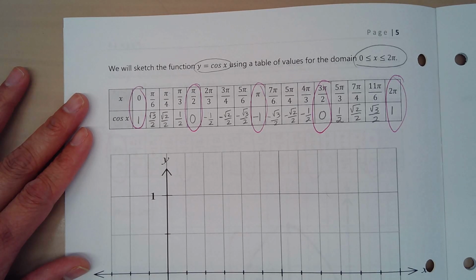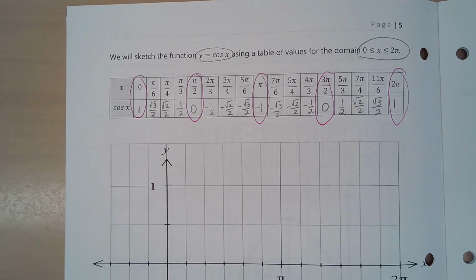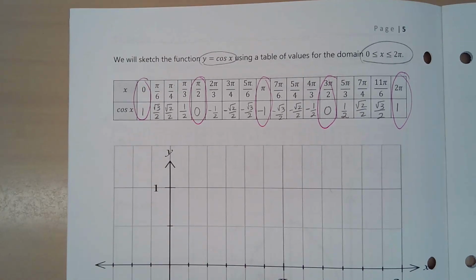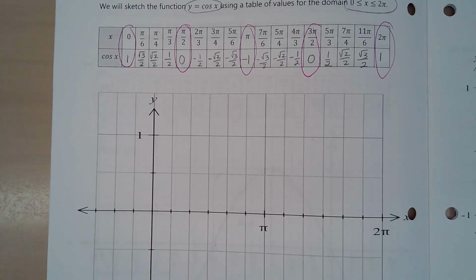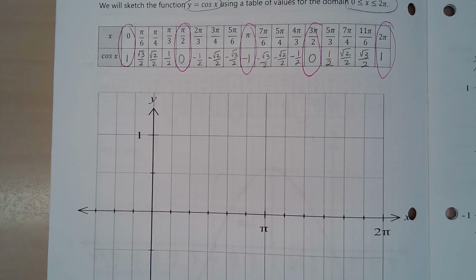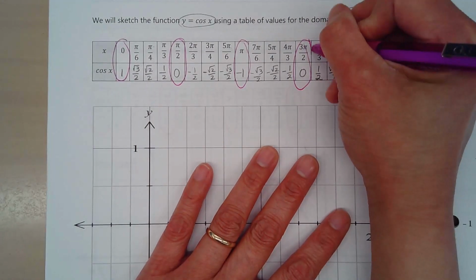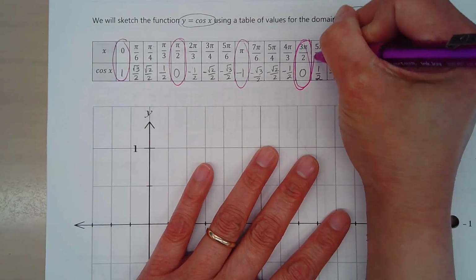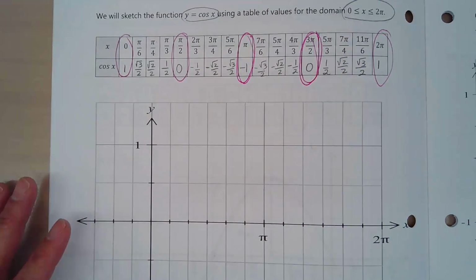So always that, and then the rest will follow. We could do all those just to plot them and see where they're at, but they're going to fall into place once we graph those 5 key points.